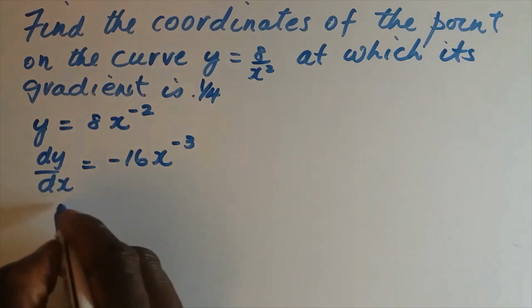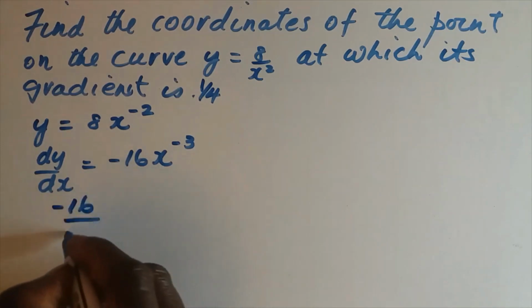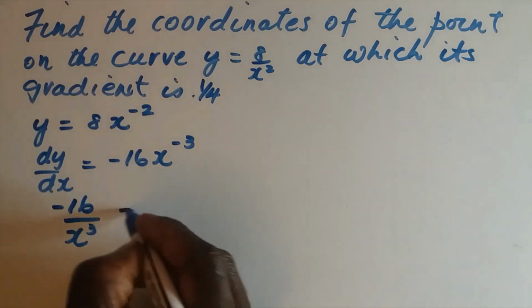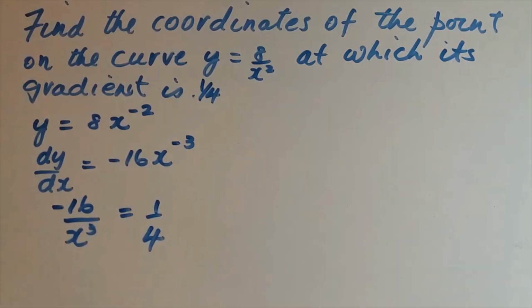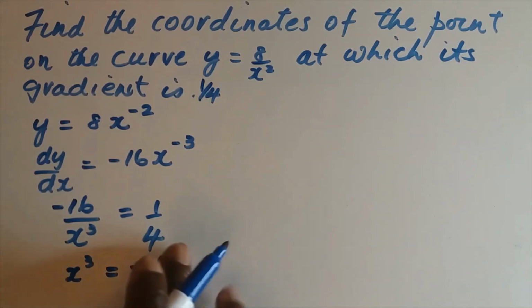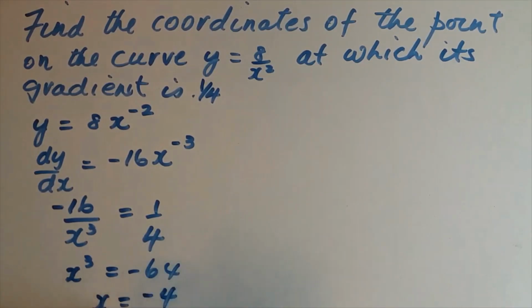So we can write that minus 16 over x cubed is equal to a quarter. And from that we have x cubed is equal to minus 64, so x is equal to minus 4.